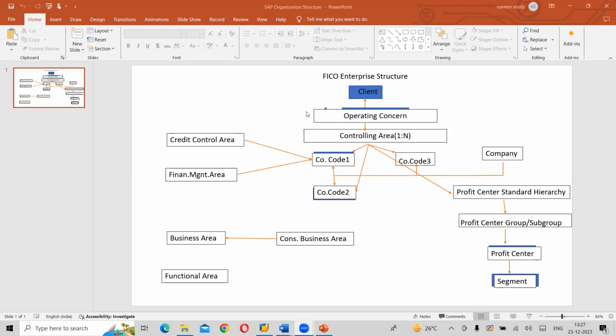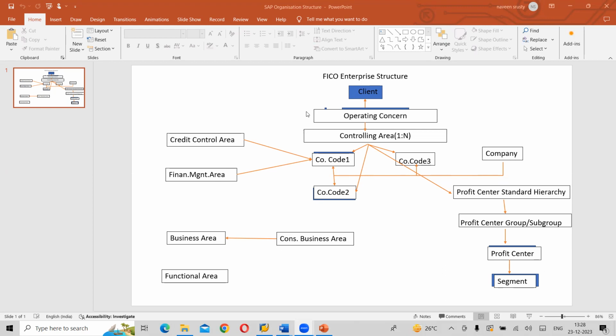As I said earlier, we have different projects. After the interview, after we board any project, you may get an implementation project, support project, testing project, rollout project, upgrade project, or an enhancement project, or any kind of project.